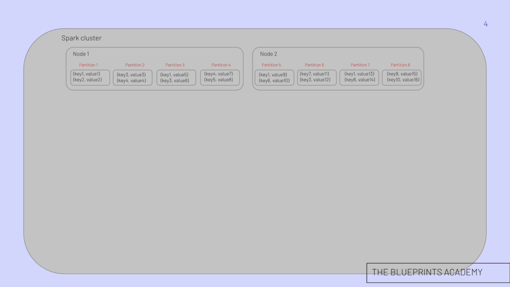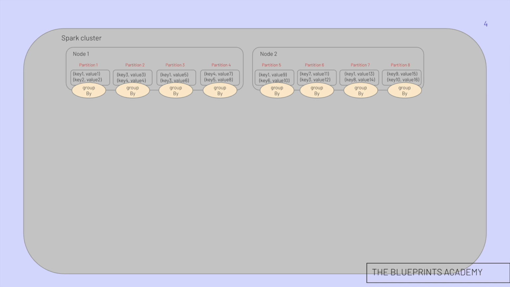If you look closely, key 1 is spread out across the partitions. Key 1 is available in partition 1, also in partition 3, partition 5, and partition 7. This is just to show you how this data is going to be redistributed across the partitions. So we have the data in the cluster.